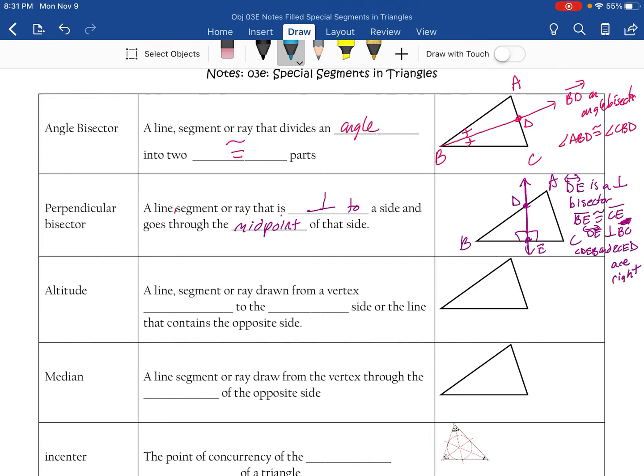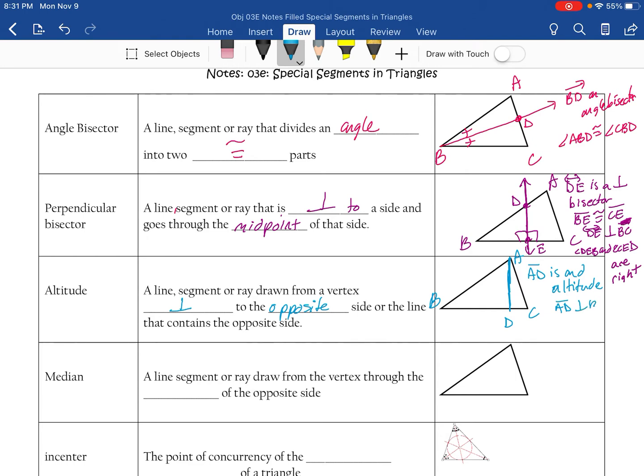Next thing is an altitude. Altitude is a line, segment, or ray drawn from a vertex perpendicular to the opposite side or the line that contains the opposite side. So every triangle has three altitudes, three perpendicular bisectors, three angle bisectors, and three medians. This one right here, if I was drawing it from here, this would essentially be the height. So this is A, B, C. I call this D. And so if AD is an altitude, then there's just one or two things that you can conclude.